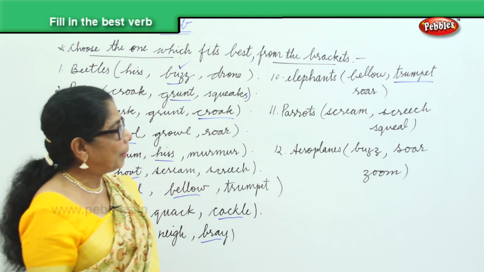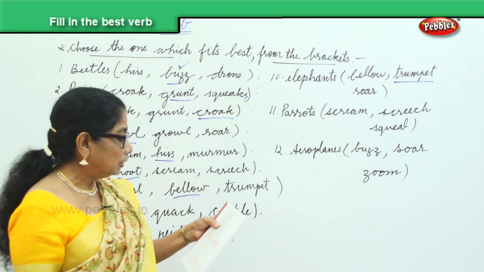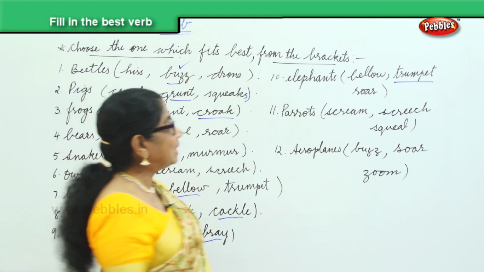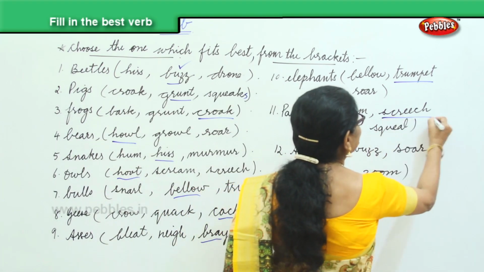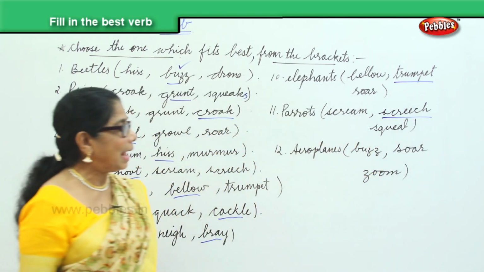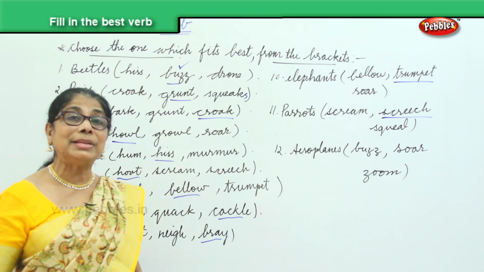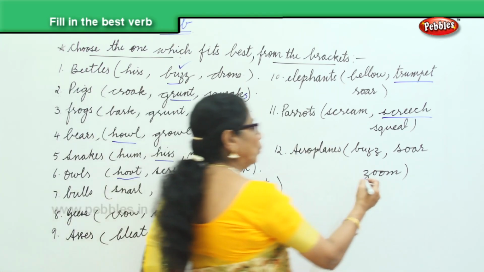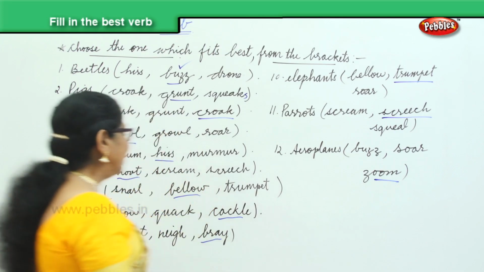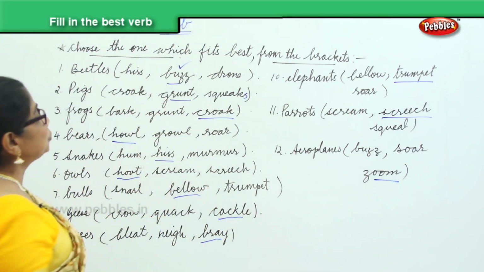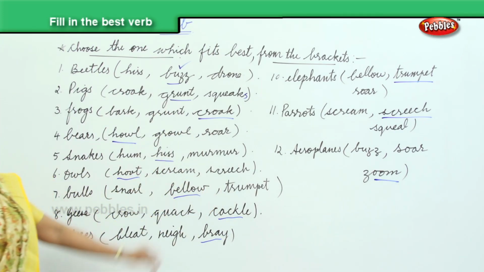And parrots, what do the parrots do? The parrots, normally the parrot screech. Did you hear the screeching of the parrot? They will say an airplane zooms in the sky. Zoom, it will go. So, we have 3 verbs to choose from and we have chosen correctly.